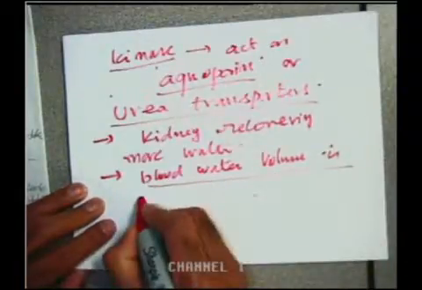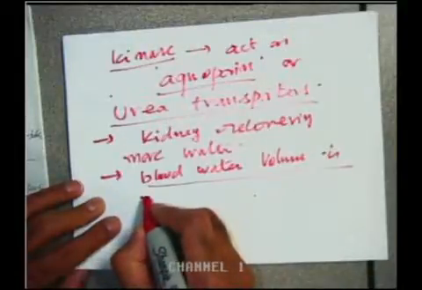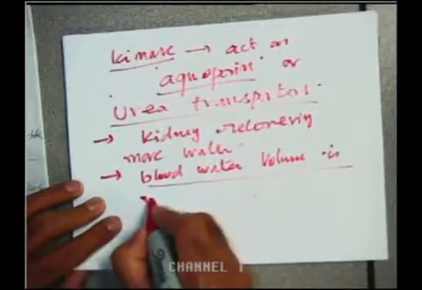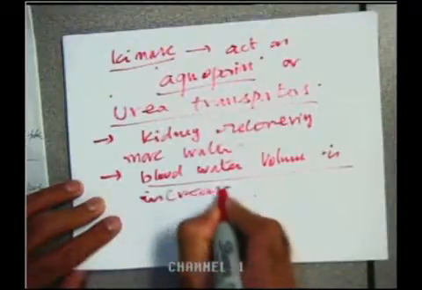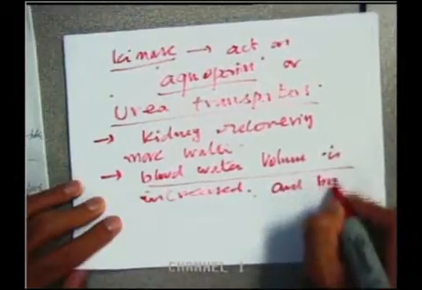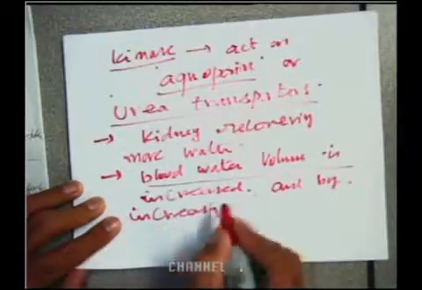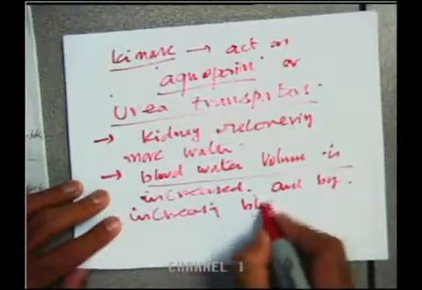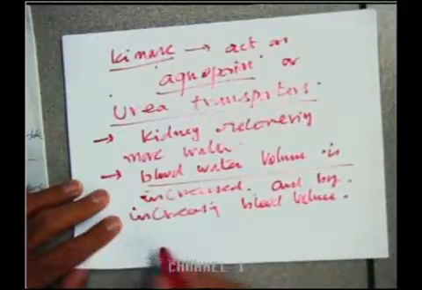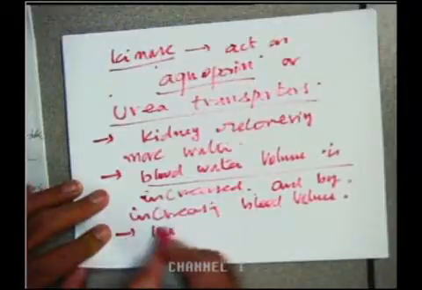Recovering more water, the blood volume increased, and as a result the blood water volume is increased. And by the result, you get increasing blood volume. Then the osmolarity decreases.